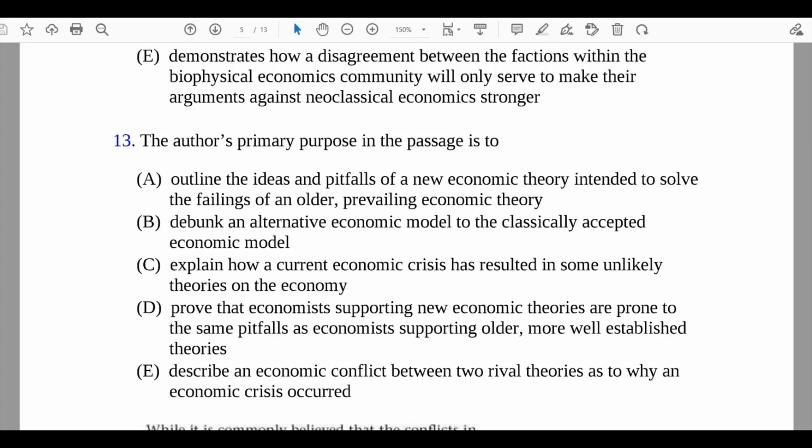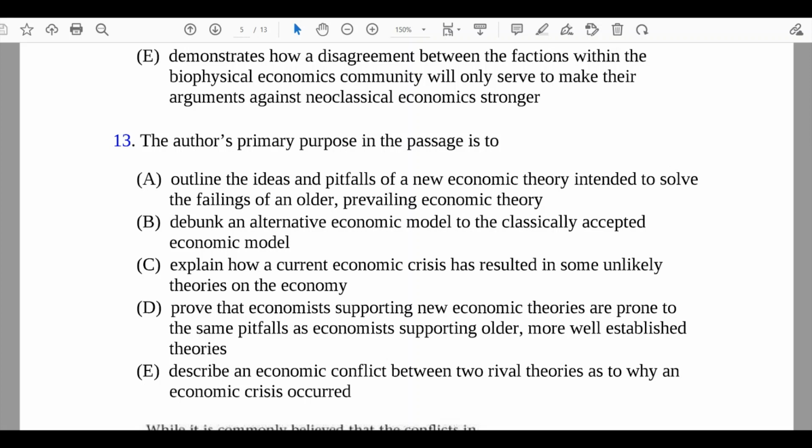C, explain how a current economic crisis has resulted in some unlikely theories on the economy. D, prove that economists supporting new economic theories are prone to the same pitfalls as economists supporting older, more well-established theories. E, describe an economic conflict between two rival theories as to why an economic crisis occurred.